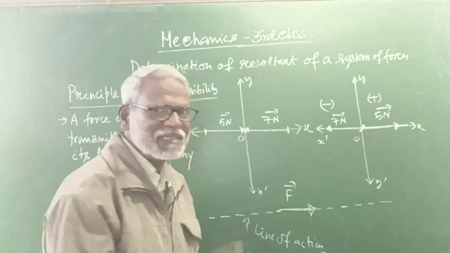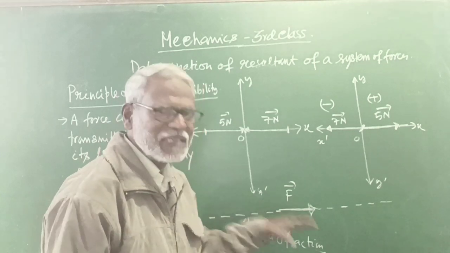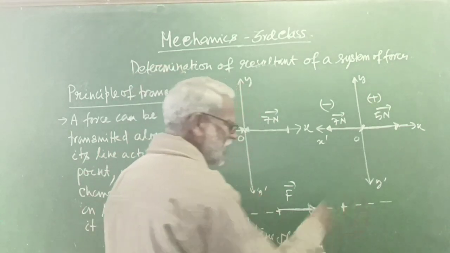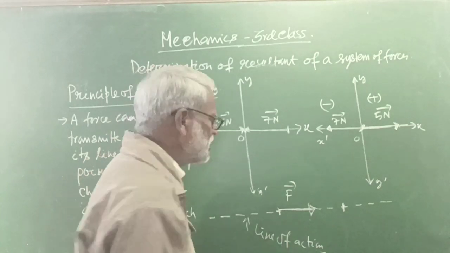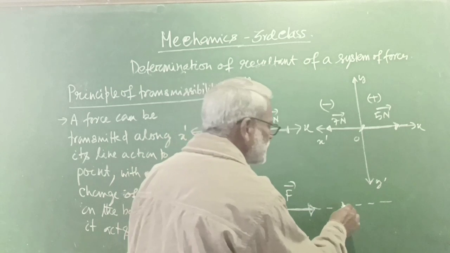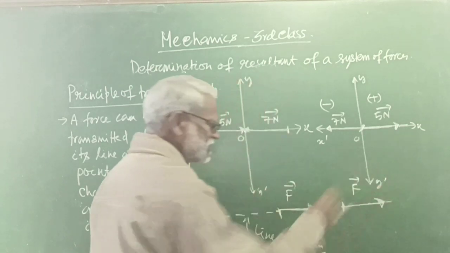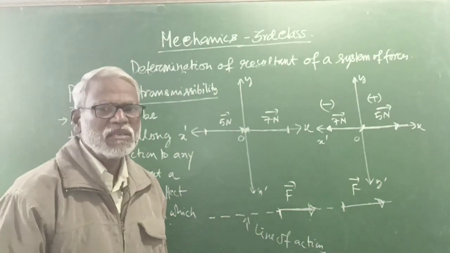But its direction should remain the same. So a force can be transmitted to any point on its line of action, keeping its direction same. So this force F can be transmitted from this point to this point along its line of action, but its direction should not change.